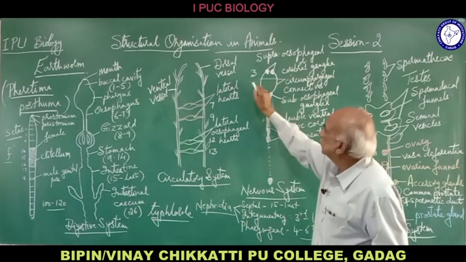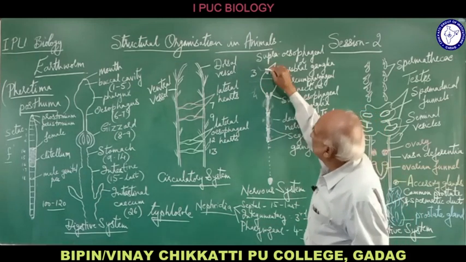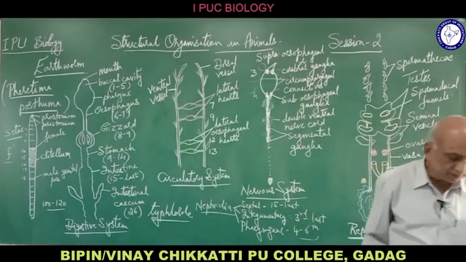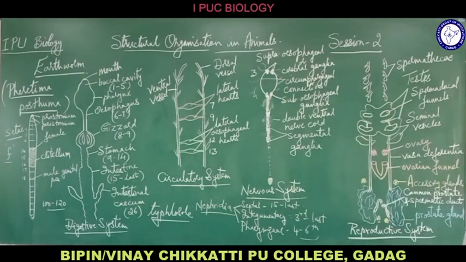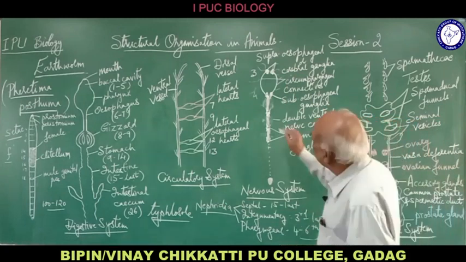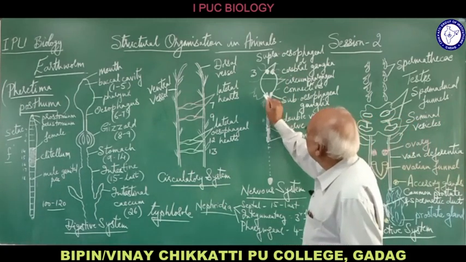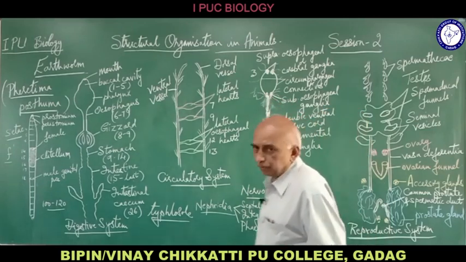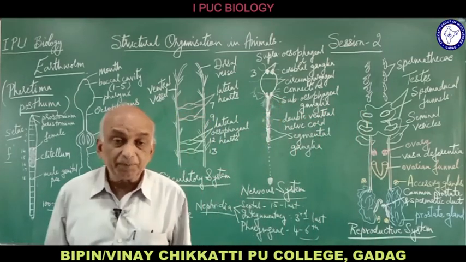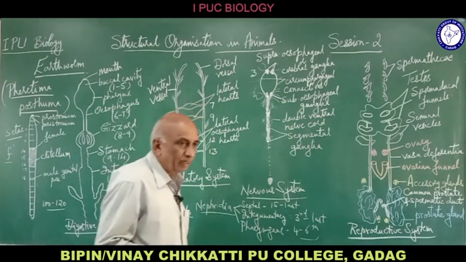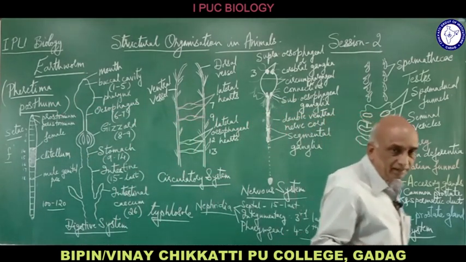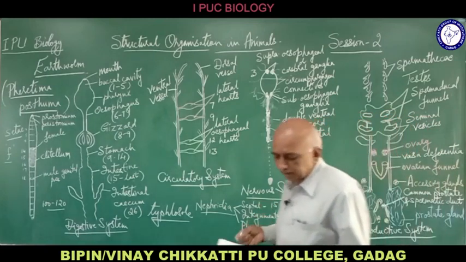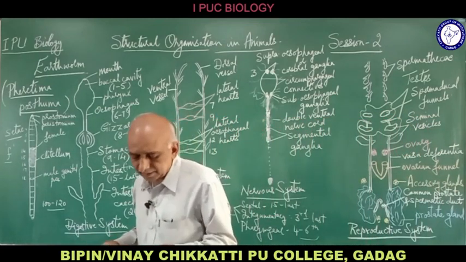So there are nerves which originate from this region, and similarly from the subesophageal ganglia there are 3 pairs. So 3 pairs of nerves originate from the subesophageal ganglia, and from the subesophageal ganglia the ventral nerve cord arises and continues till the last segment.